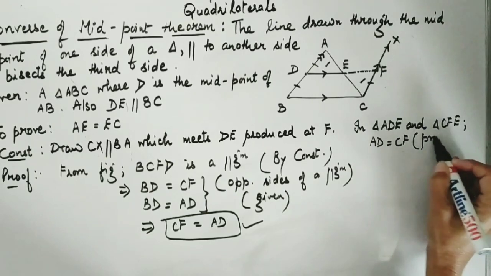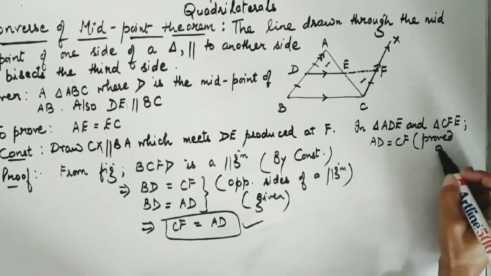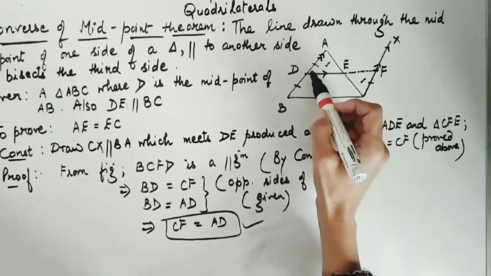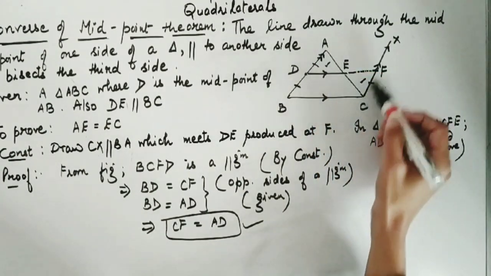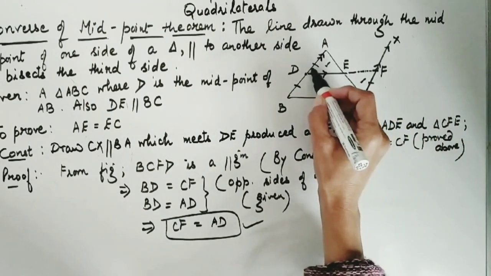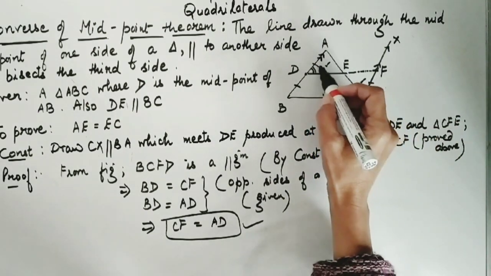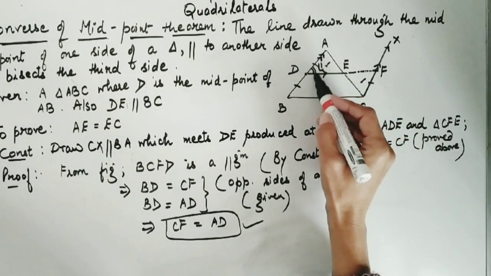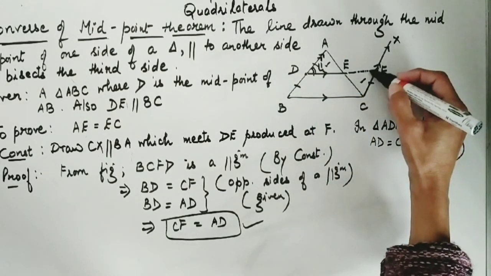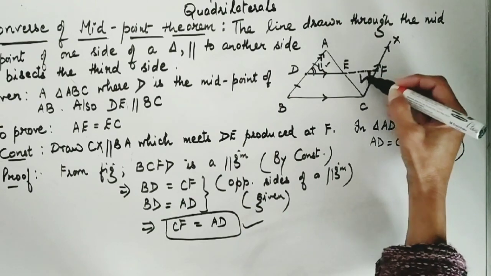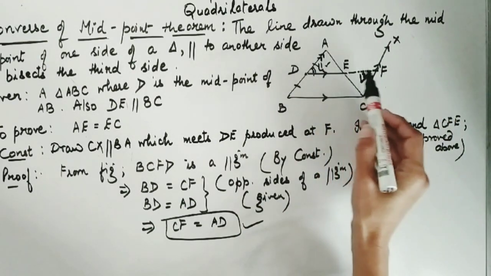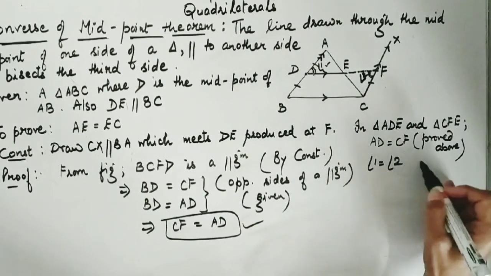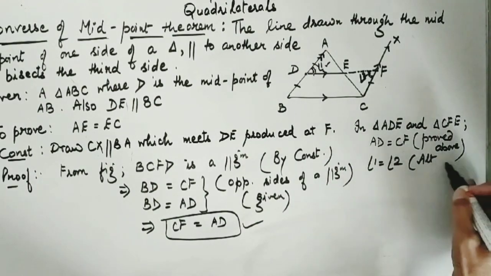This is proved above. Then, since these two lines are parallel and this is a transversal, I would mark this as angle 1, and the angle over here as angle 2. Angles 1 and 2 are equal. They are alternate interior angles.